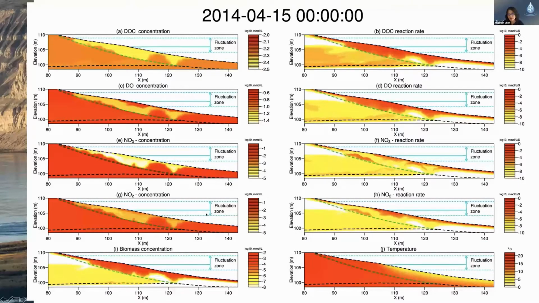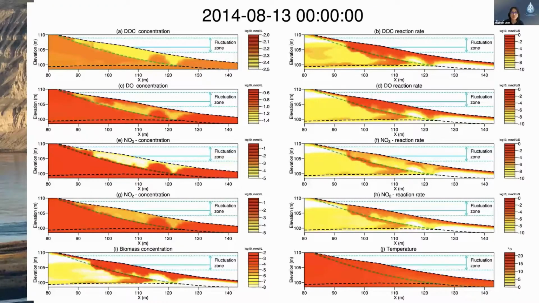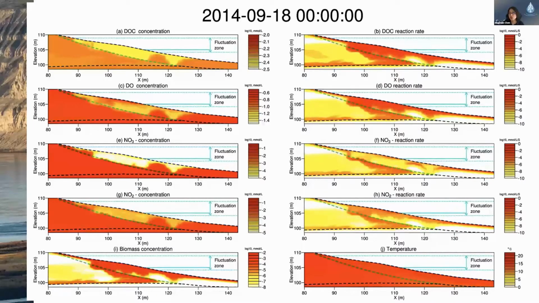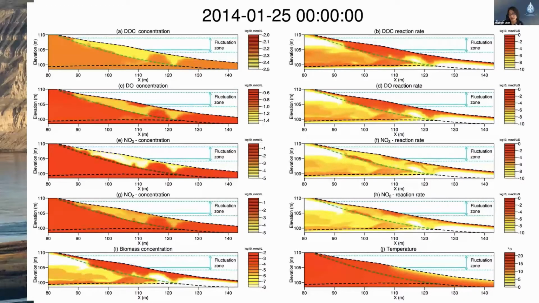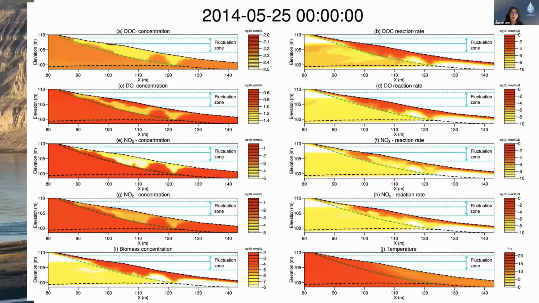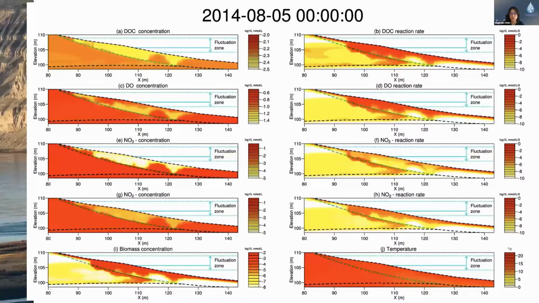So although it's very busy, sometimes we like to see this because it gives us not only the spatial heterogeneity, but also the dynamics of the concentration and the reaction hotspots very intuitively. And we can see how different species are responding to the river fluctuation differently as well.